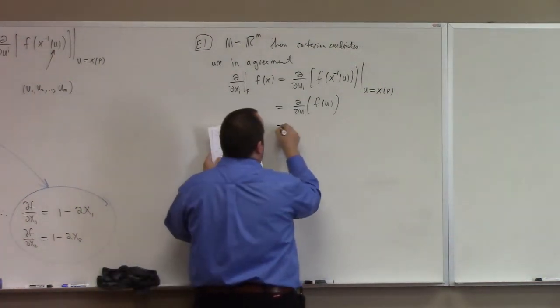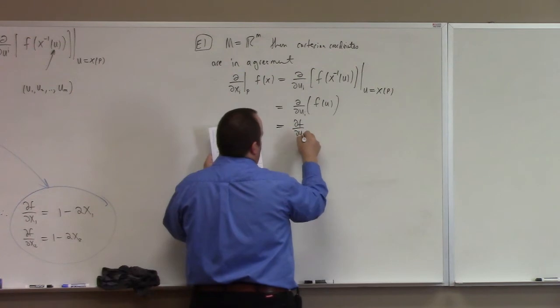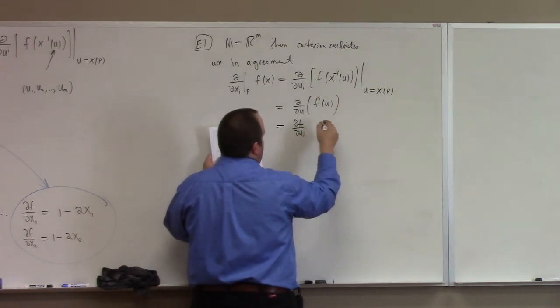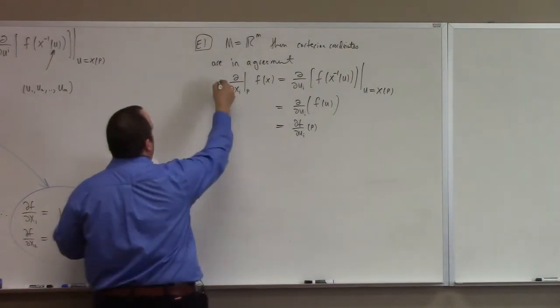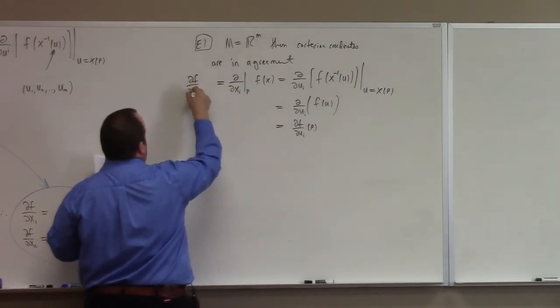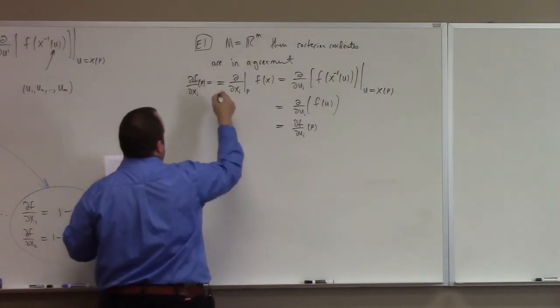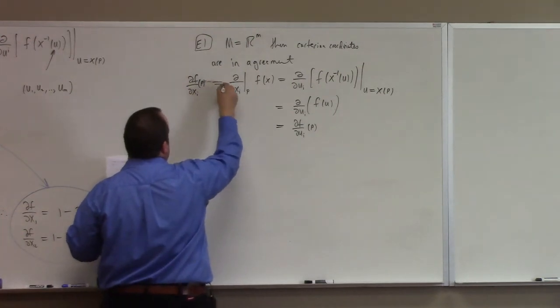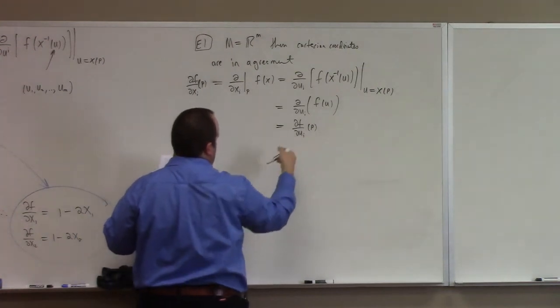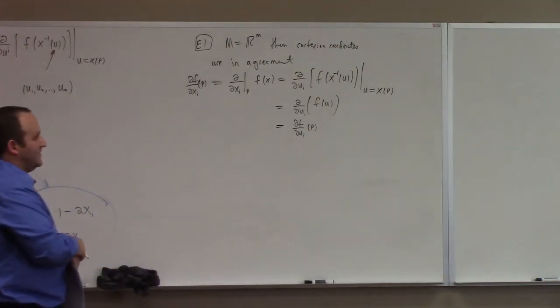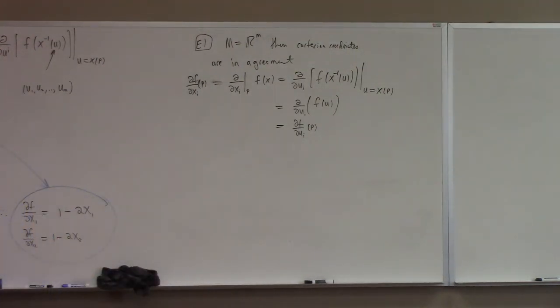So partial f partial xi at p is just partial f partial ui at p for the Cartesian coordinate systems, because the Cartesian coordinates are xi equals ui.